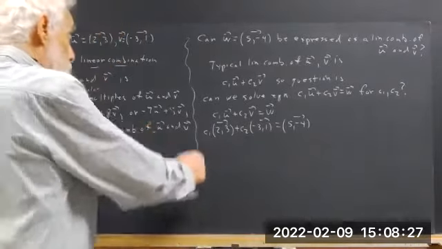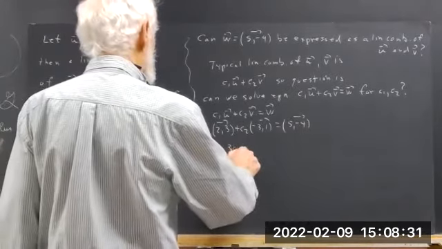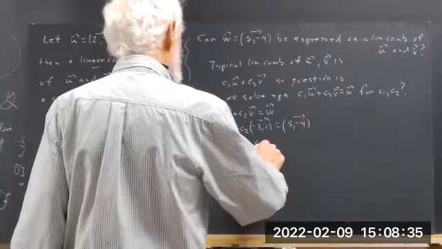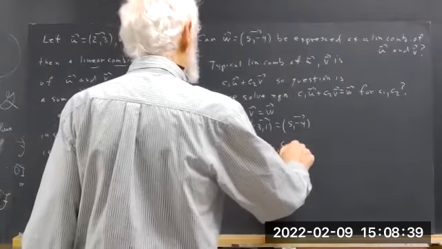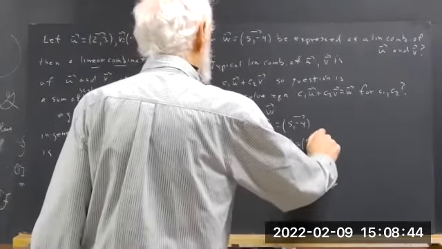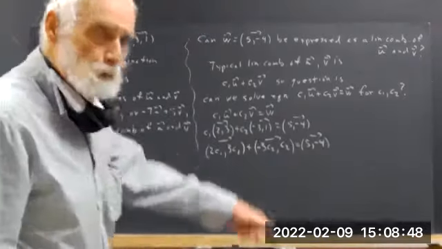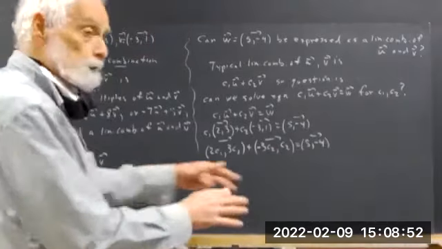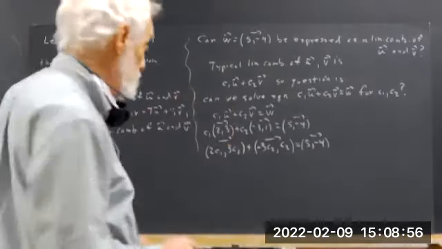Well, what's C1 times (2, 3)? It's (2C1, 3C1), plus (-3C2, C2), equals (5, -4). That's by a rule for scalar multiplication, which is an obvious rule, but has an obvious geometrical interpretation that you need to understand, so make sure you think about that.